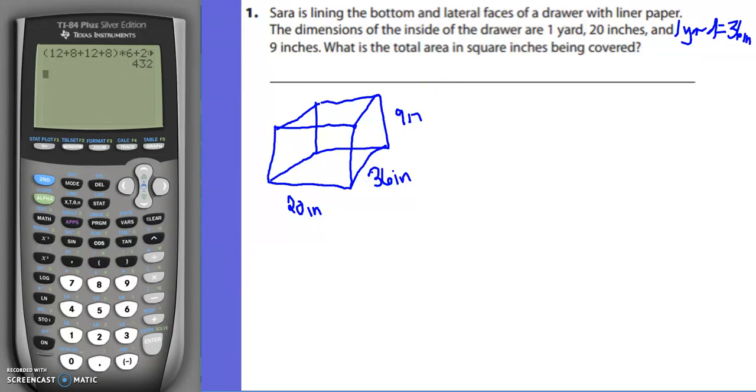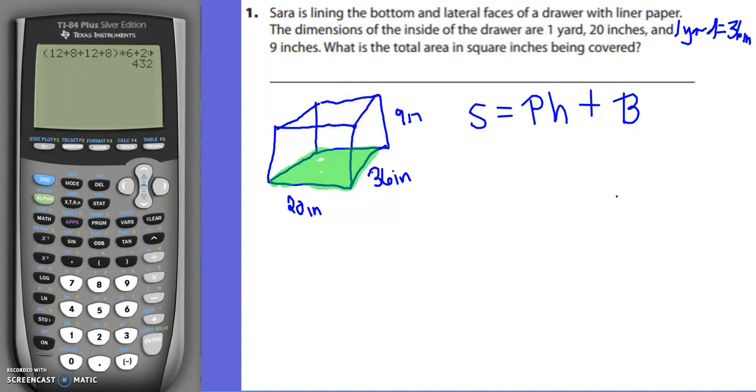What is the total area in square inches being covered? Well, first let's determine the base. This is the base. Now, it says the bottom is being covered, so in this case, we are not doing the top. So our formula is going to look a little bit different. We're going to have surface area, the perimeter of the base times the height of the prism, plus the area of the base, not 2 bases, because we're not doing the top.